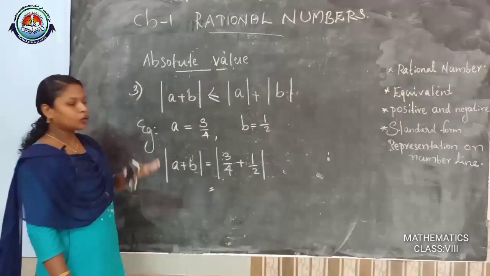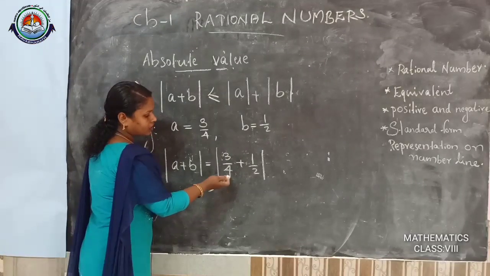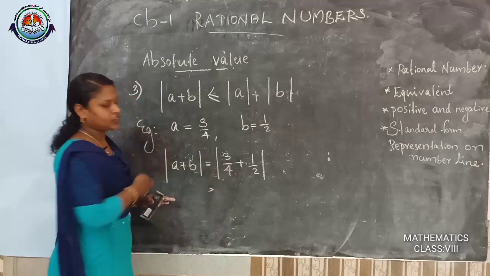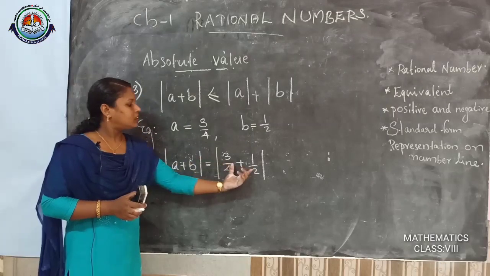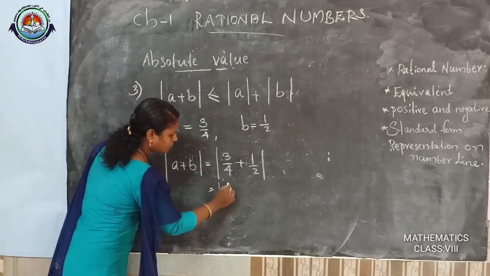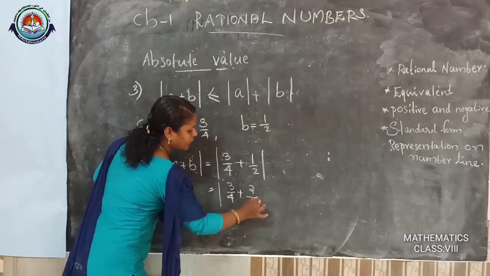And we know how to add fractions, so same method we can apply. Here the denominators are different, so first we have to rewrite the numbers with common denominators. So it is 3 by 4 plus 2 by 4.